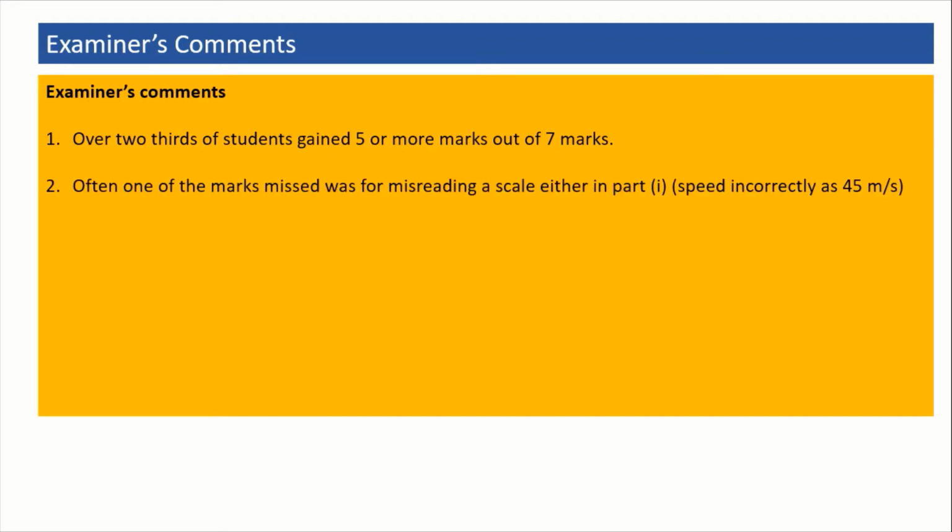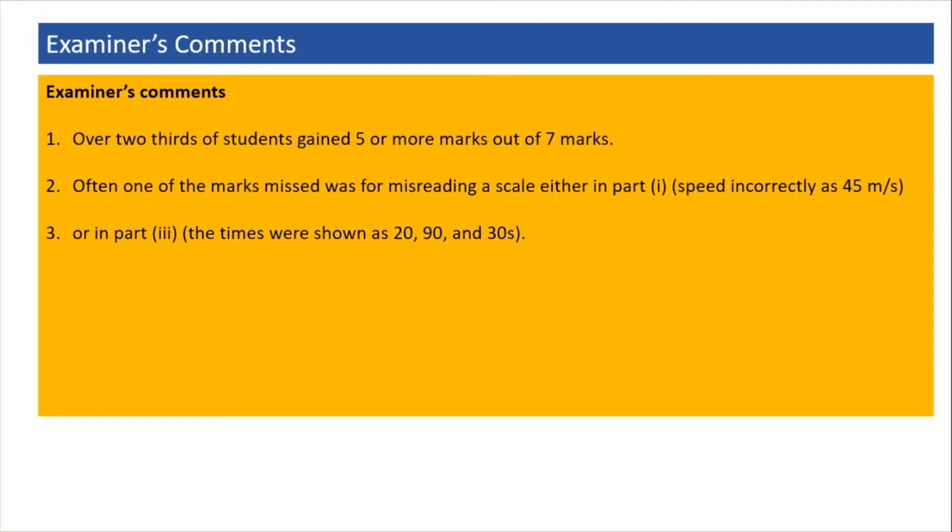Often one of the marks missed was for misreading a scale, either in part 1, speed incorrectly as 45 meters per second. So that is why I'm saying, it is very important that at the beginning you understand the scale of the graph. In part 3, the times were shown as 20, 90 or 30 seconds. So same thing.